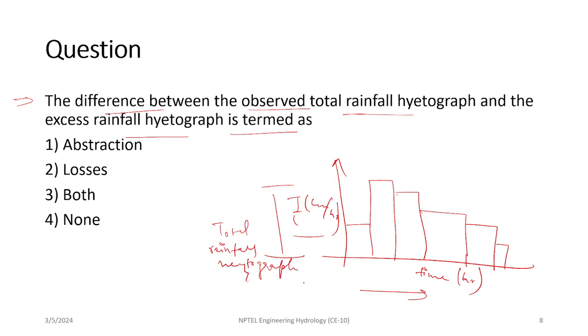It is a total rainfall hydrograph, but when can I achieve the excess rainfall hydrograph? Can anyone tell? Or you can explain what is meant by excess rainfall hydrograph, and why we are calling it that.